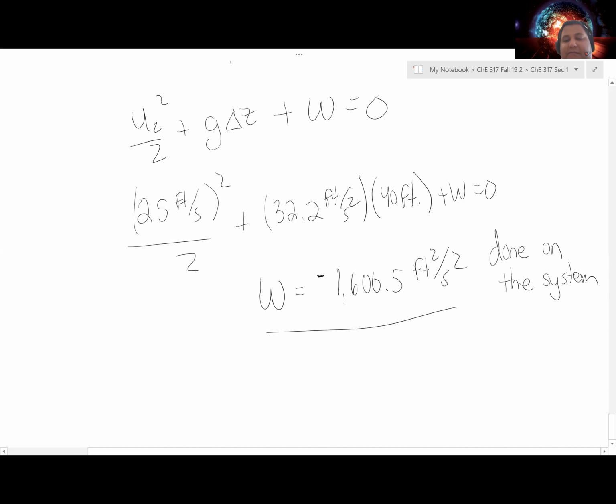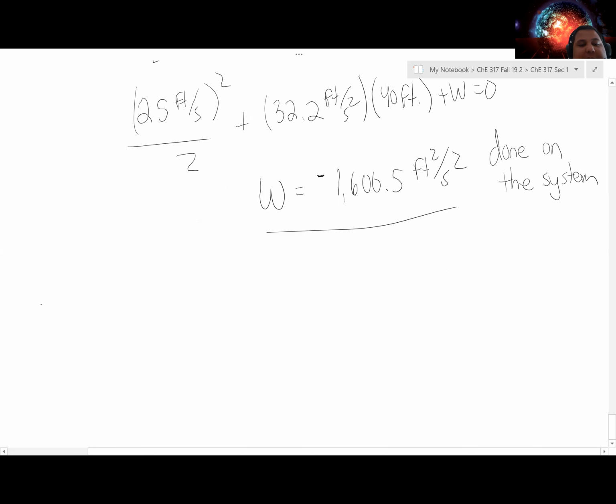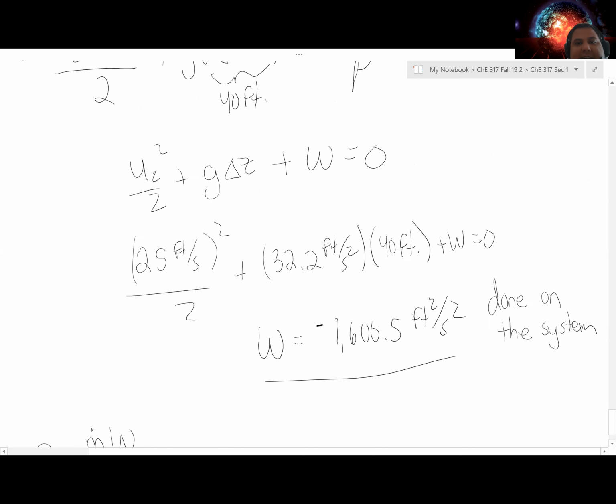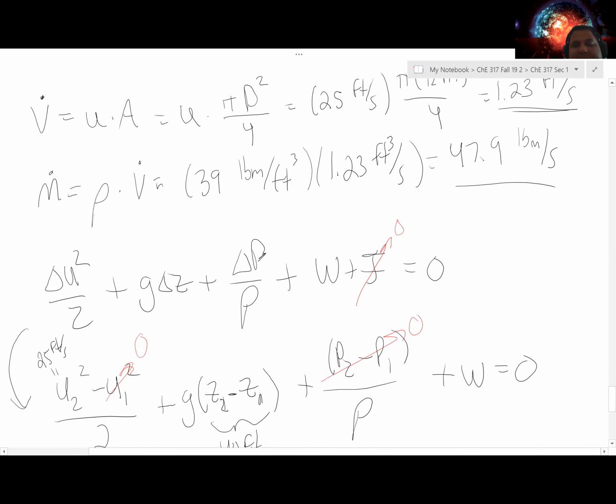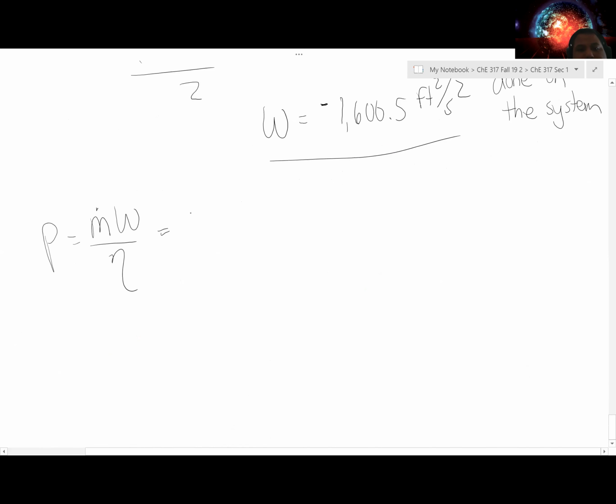Now I have my work term, I can solve for my power. So I identified my mass flow rate earlier as being 47.9 pound mass per second. I have my work term, which is 1,600 feet squared per second squared.